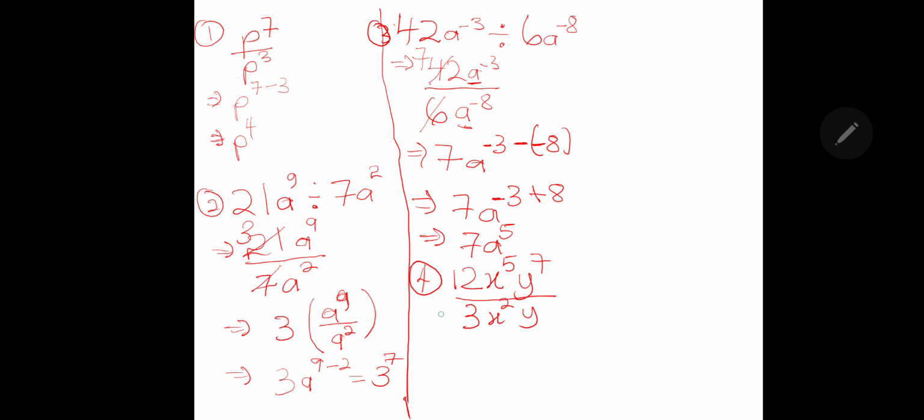Let's do it. So all the numbers go in one place, and then you group all the things with x at another place. You see they are multiplying, so you are separating them by the multiplication sign. You understand?